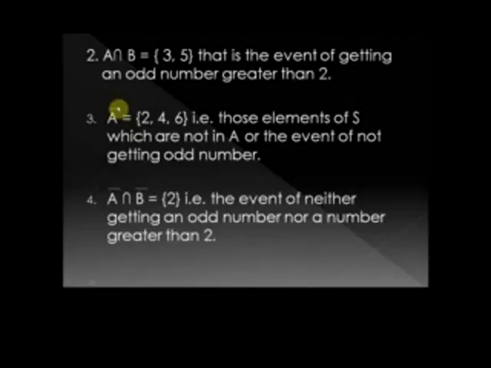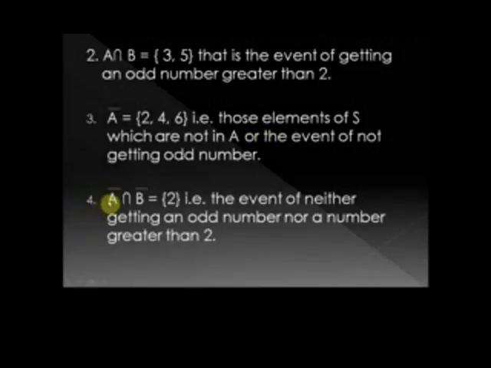Therefore A complement would be 2, 4, 6. That is, these are the elements of S which are not in A, or the event of not getting an odd number. If we are interested in finding the event of not getting an odd number, then that would be equal to A complement, which is equal to 2, 4, 6. And so these are the elements of S which are not in the set A.